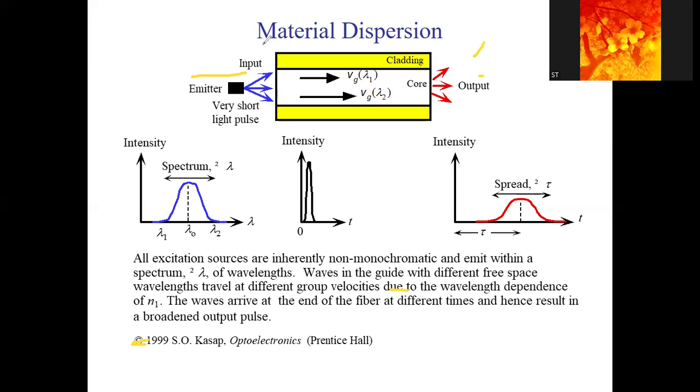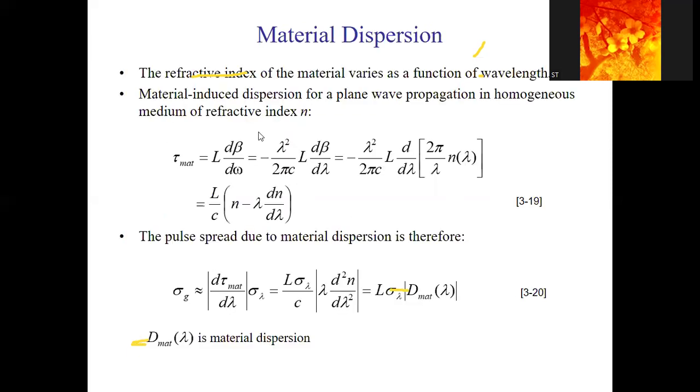So this is because of material dispersion. Material dispersion occurs because the index of refraction varies with wavelength. So basically this is caused by the change in refractive index.